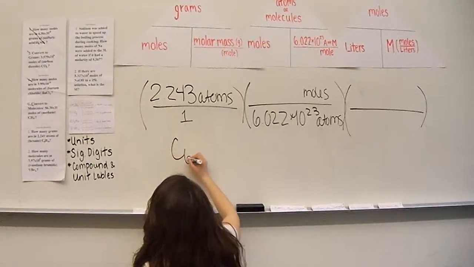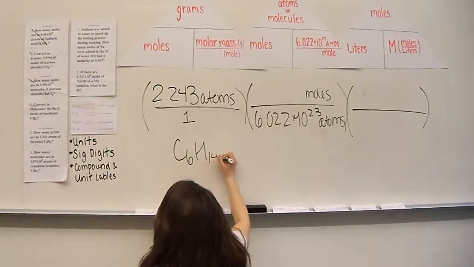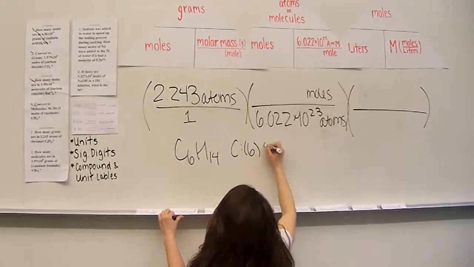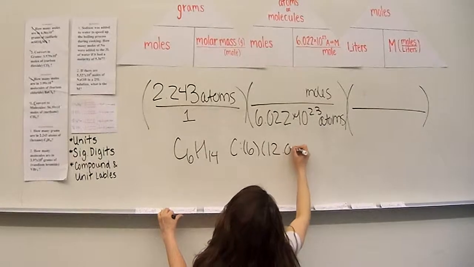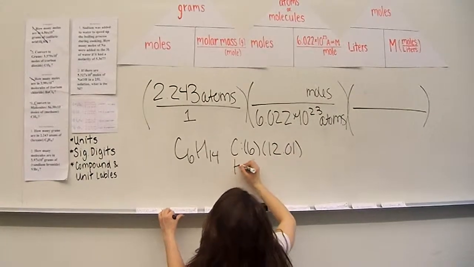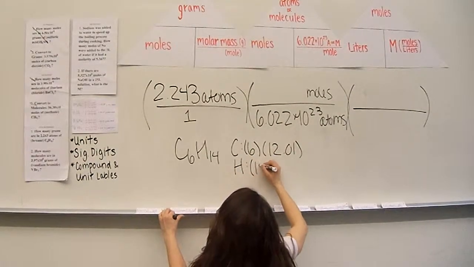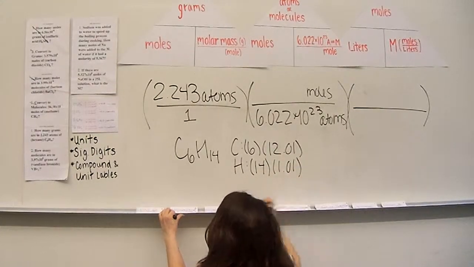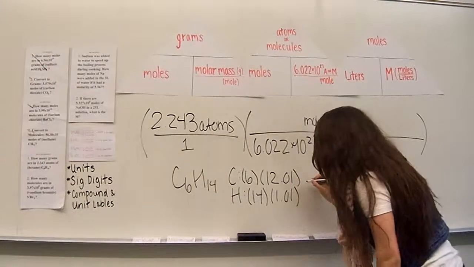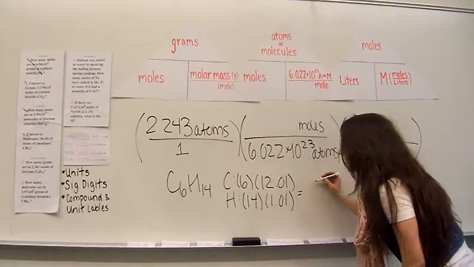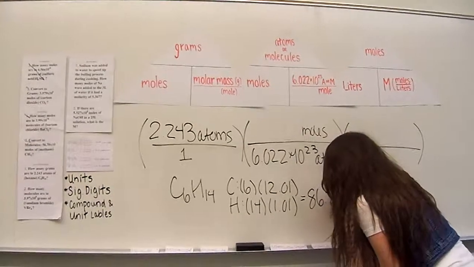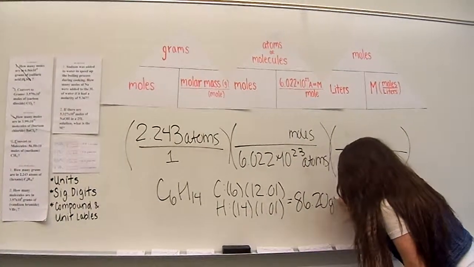So we have C6H14, which has 6 parts carbon with 12.01 being its atomic weight. And then we have 14 parts hydrogen with 1.01 being its atomic weight. Once you calculate that, you will get 86.20 grams per mole.